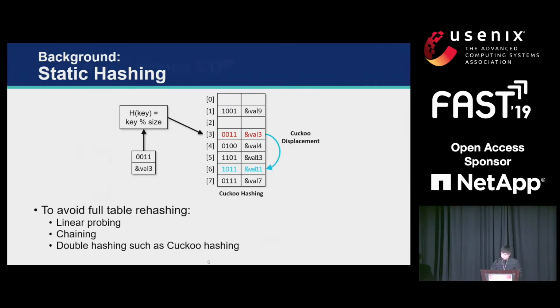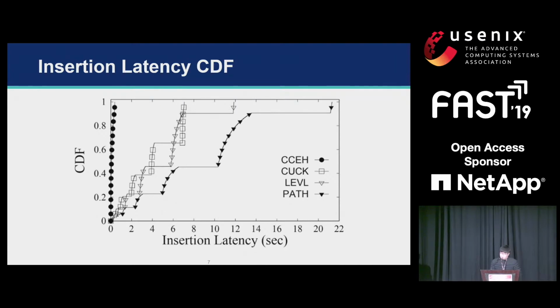tail latency. This graph shows the CDF of insertion latencies of well-known cuckoo hashing and the state-of-the-art hashing schemes for persistent memory, path hashing and level hashing. In this experiment, query arrival time is in Poisson distribution.